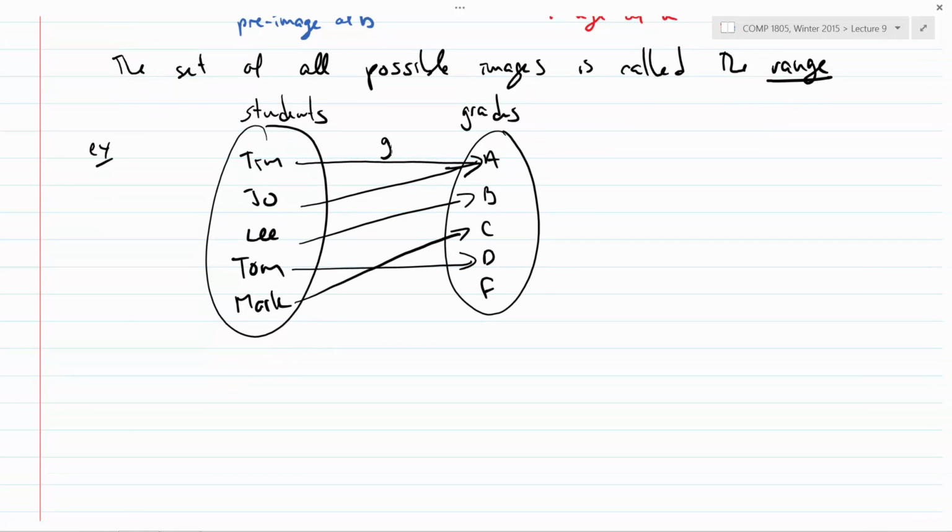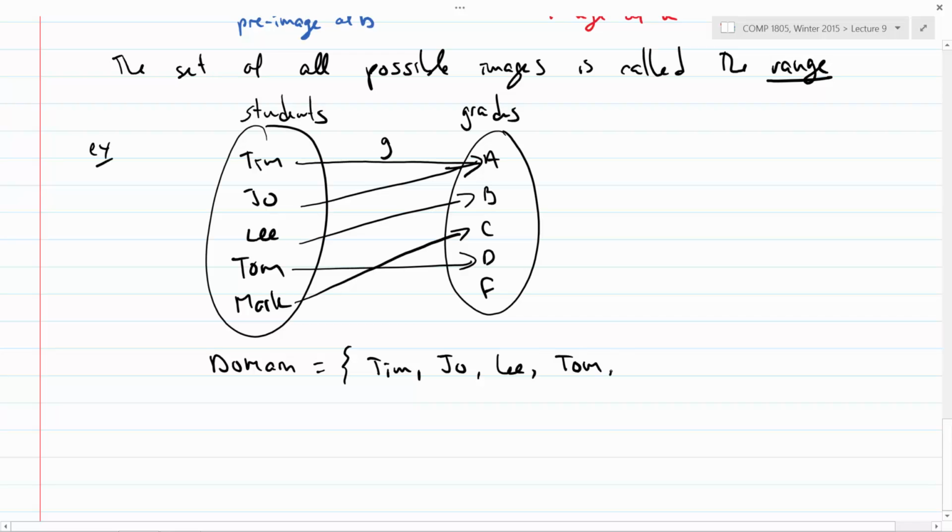So let's try to figure out what these things are. The domain is the set of all possible inputs. The inputs are the students, so the domain is Tim, Joe, Lee, Tom, and Mark. That's what the domain is. The codomain is the set of all possible outputs.